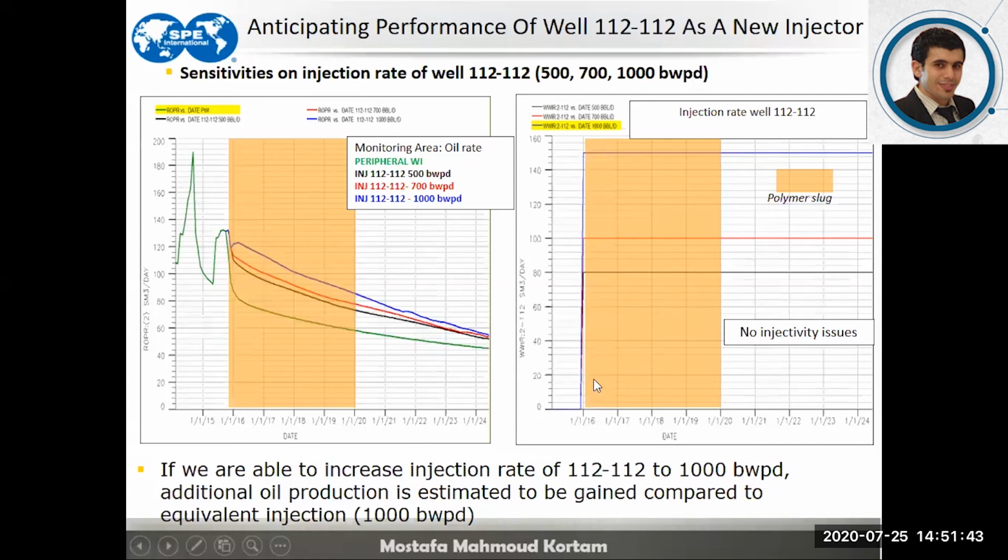So that was the modeling case, seeing the effect of dispersed water injection and adding another injection within the middle of the reservoir. It led to a good oil rate and oil recovery.